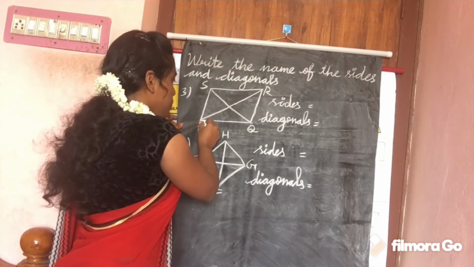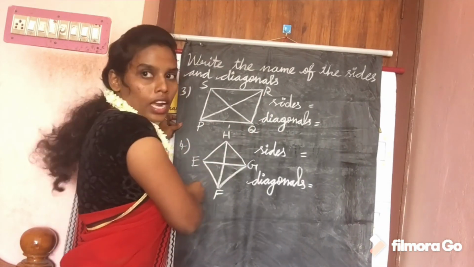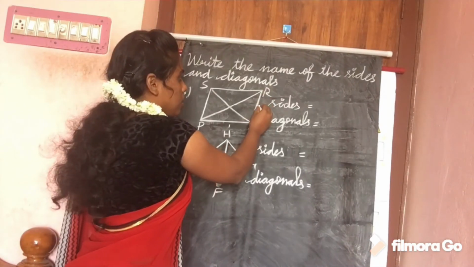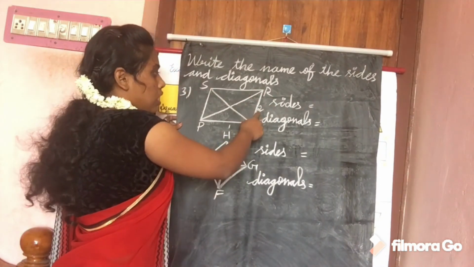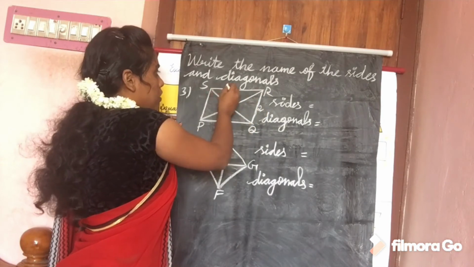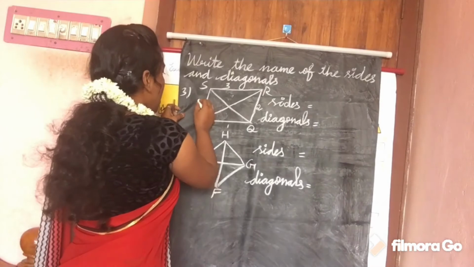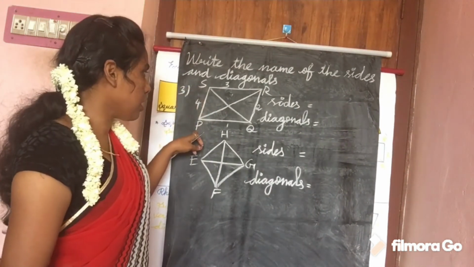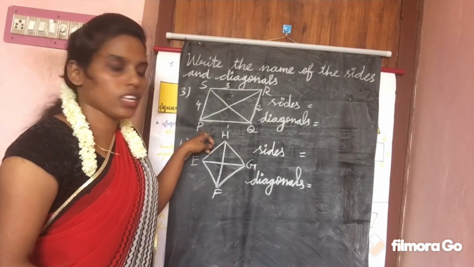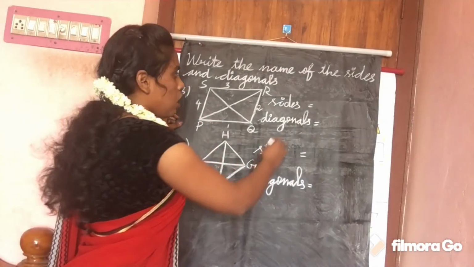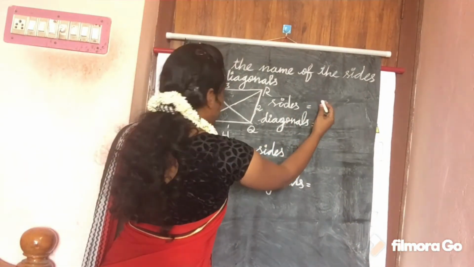So, PQ is one side and QR is a second side, RS is a third side and SP is a fourth side. How many sides are there? 4 sides. Now we will write the names here.